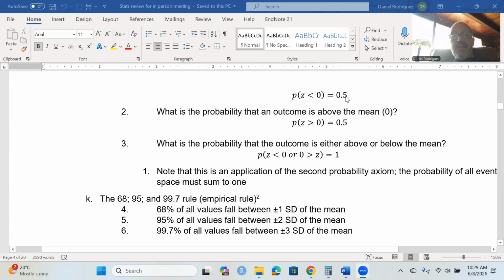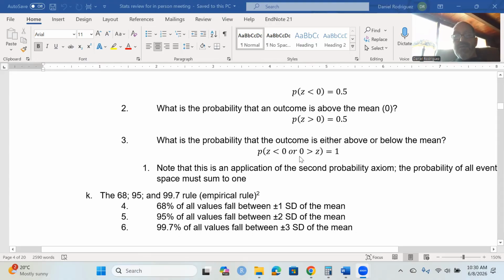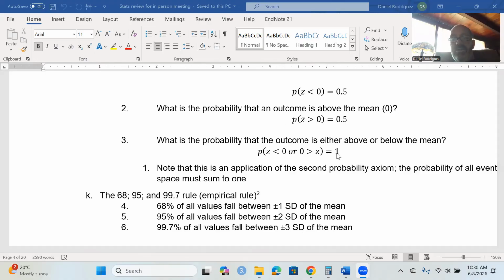So you know that 0 is the mean, and the probability of being less than 0, or less than or equal to 0, is the same, because the probability of any one point on a continuum is 0. So the probability of being less than 0 is 0.5, and of being above 0 is 0.5. And if we wanted to know the probability of being either above or below 0, we're using all those axioms that we saw before, right?